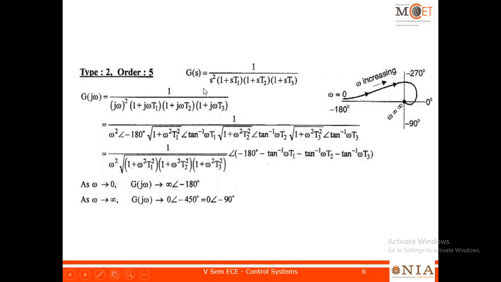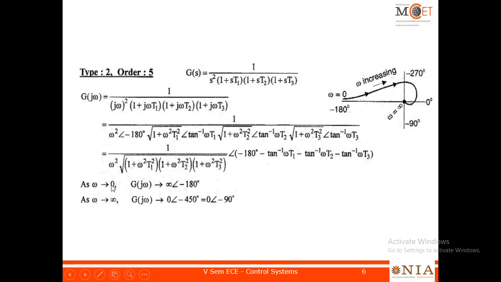This is another example, of type 2 and order 5. We have not covered order 5 in the initial graph, but let us see what happens to the angle and come to a conclusion about which quadrant it ends in. After computing the magnitude and phase, you get such an expression.